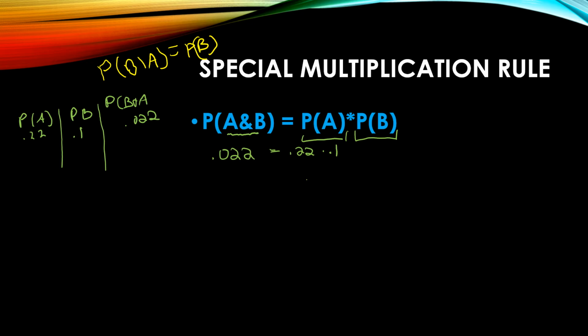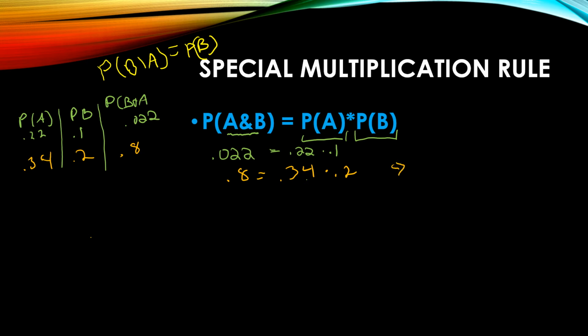Now, they won't be equivalent if, for example, we say the probability of A happening is 0.34 and the probability of B happening is 0.2, and then the combined probability of B and A is 0.8. So we would put everything in its proper place and say 0.8, is that equal to 0.34 times 0.2?